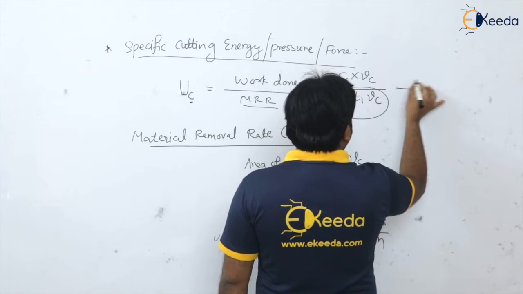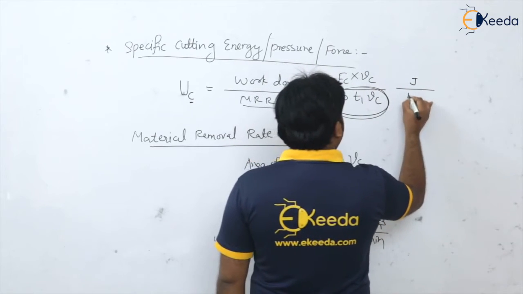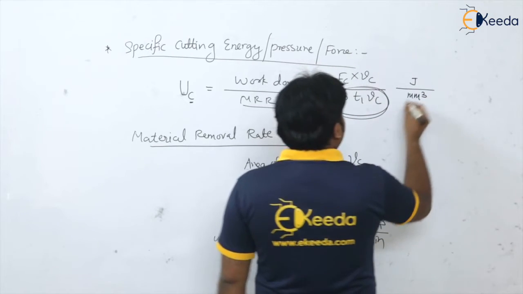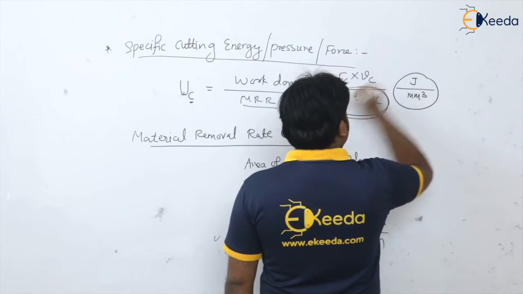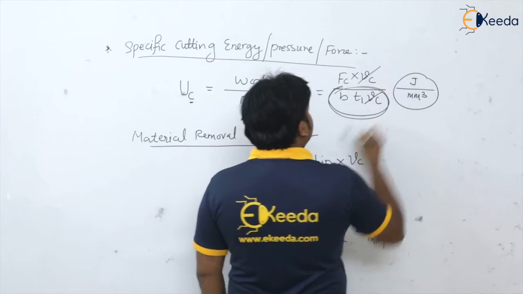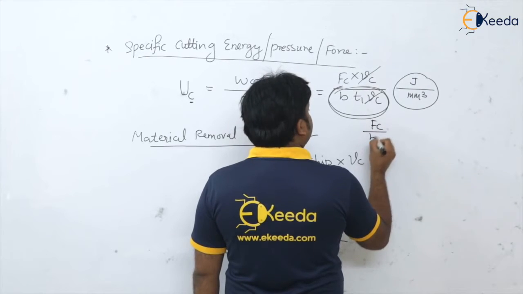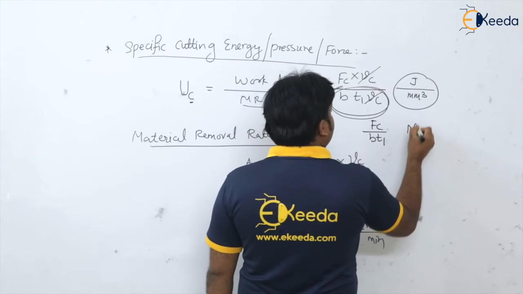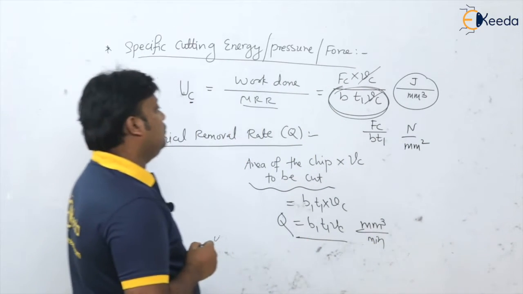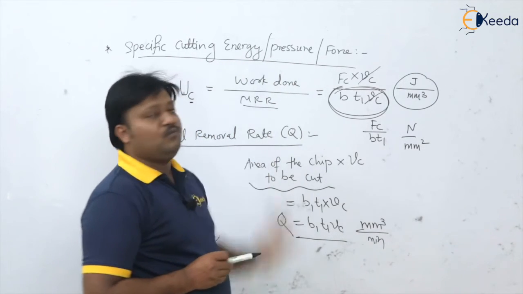In terms of watt or joule divided by mm cube, it is generally given in the unit of joule per mm cube. Or if Vc cancels, what are you left with? It is Fc divided by B into T1, which is nothing but Newton per mm square. That is why this is also known as the specific cutting pressure or force.